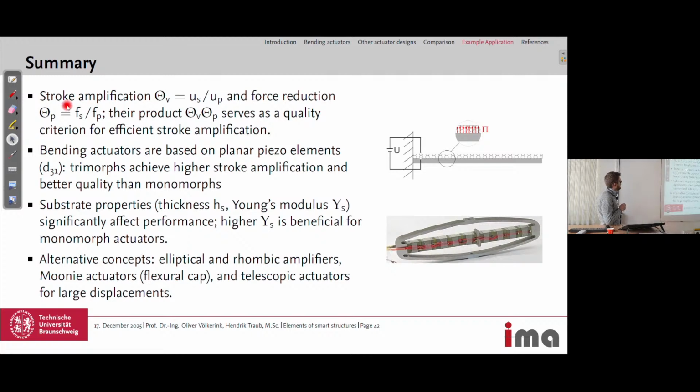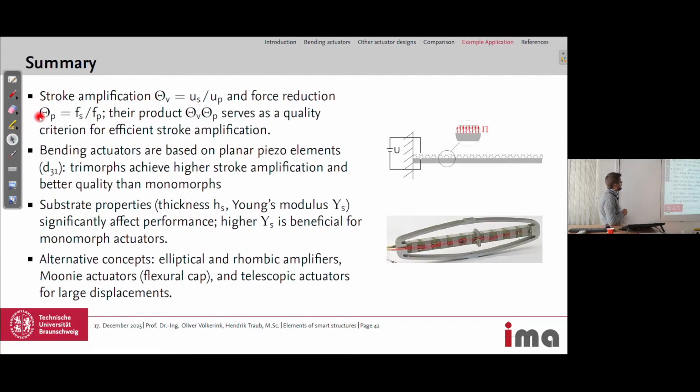We have defined a stroke amplification factor, theta B, which is the displacement or stroke of the system compared to the free displacement or free stroke of the piezo monolith.